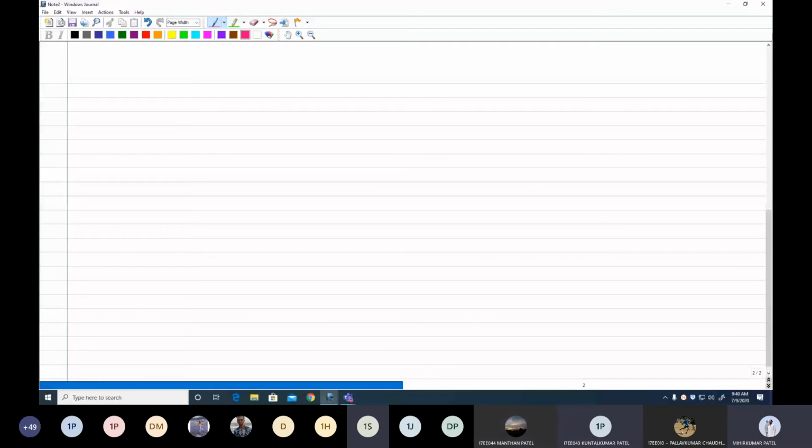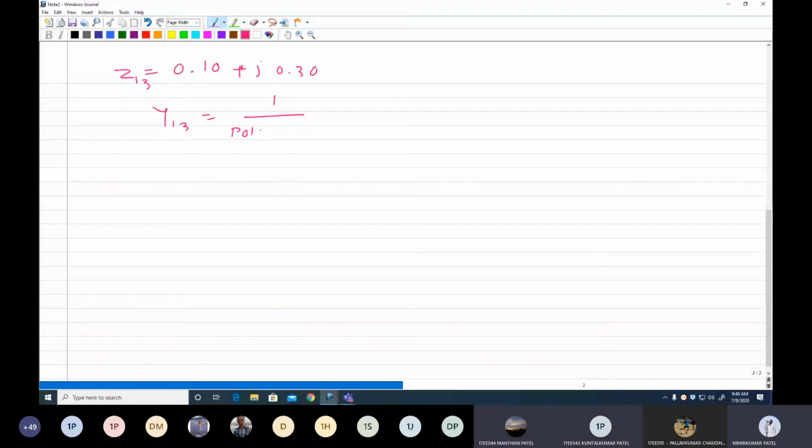Z13 is equal to 0.10 plus J 0.30. So Y13 is equal to 1 divided by Z13.